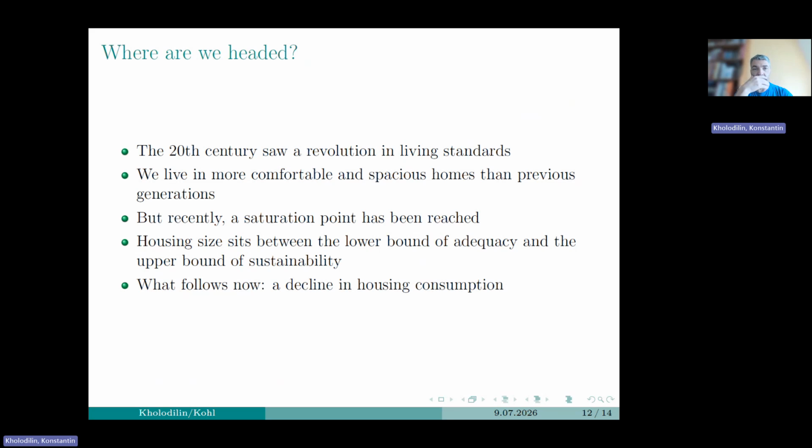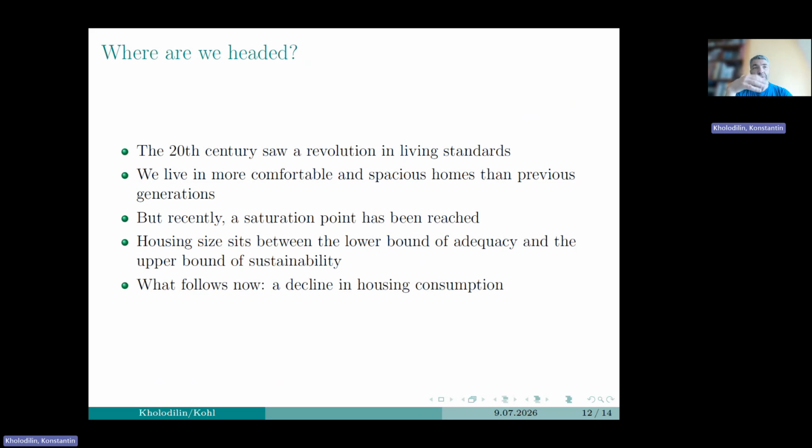So that's what we've seen during the last 6 to 7 decades. The housing sizes were moving away from that lower bound to more adequate housing sizes. On the other hand, there's also an upper bound of sustainability, because when you build a house, when you live in it, when you maintain it, it uses natural resources, it produces emissions of CO2.